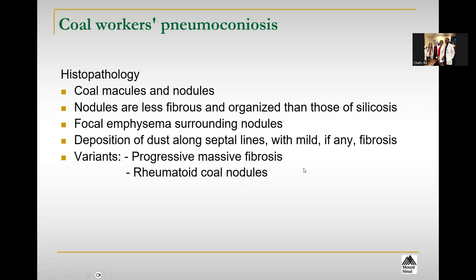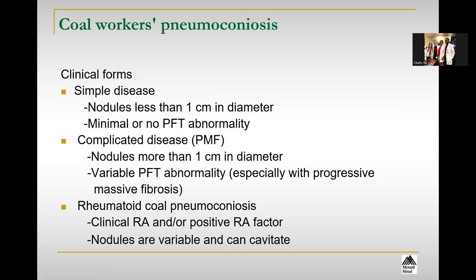And there are some variants like progressive massive fibrosis and rheumatoid lung. So the clinical forms of coal workers pneumoconiosis is simple disease when the nodules are less than 1 centimeter, and clinically there is minimal or no functional abnormality.